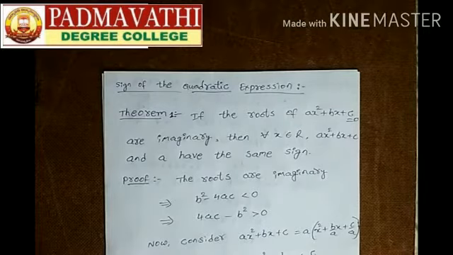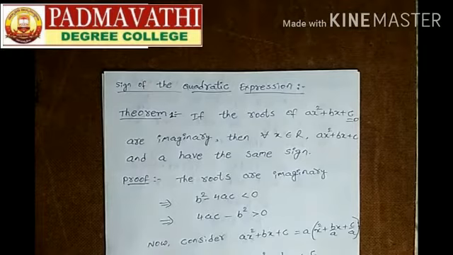So first statement, theorem 1 is, if the roots of ax square plus bx plus c equal to 0 are imaginary, imaginary meaning complex numbers, then for all x belongs to R, ax square plus bx plus c and a have the same sign.